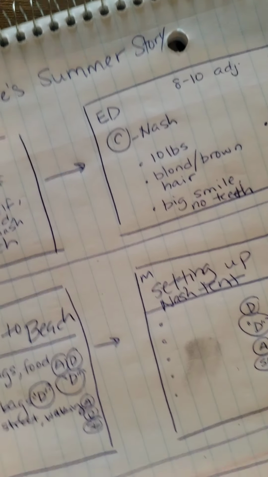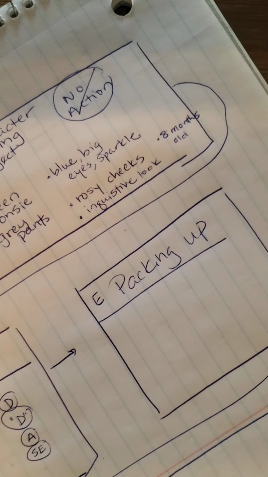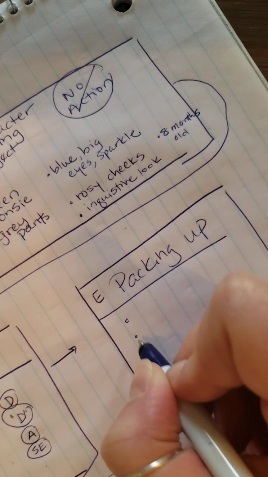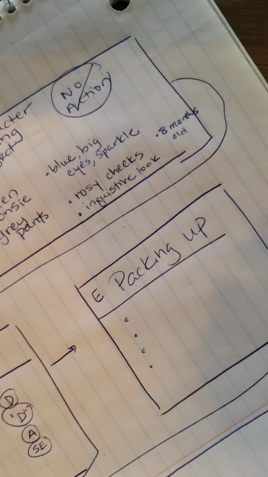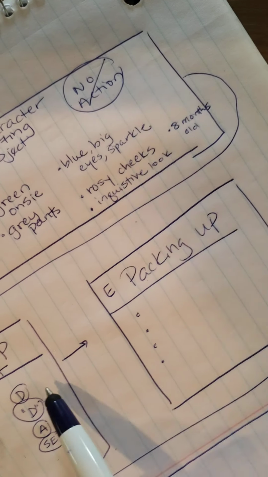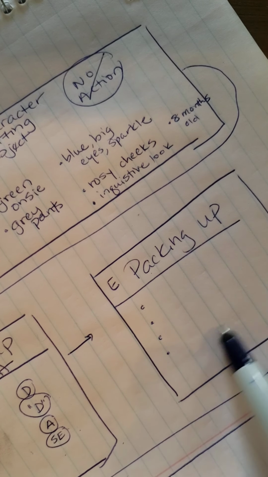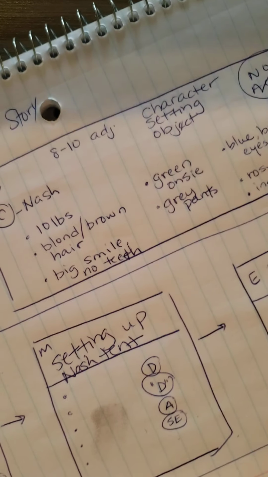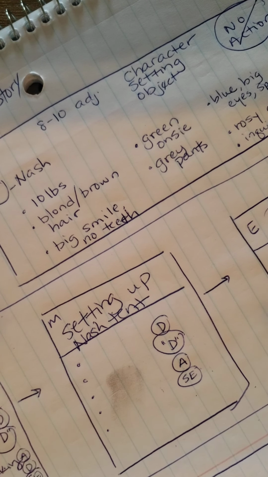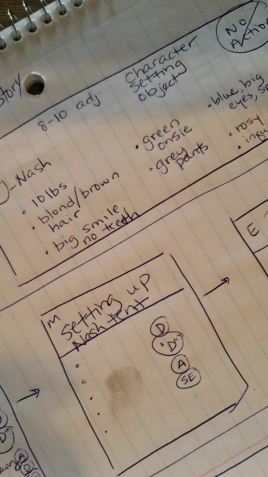So the same thing happens in the middle, and then the same thing happens again at the end. I'm going to bullet point all the things that are happening at the end of the main event, and put in the same categories, same descriptors. And then that's the end of the main event.